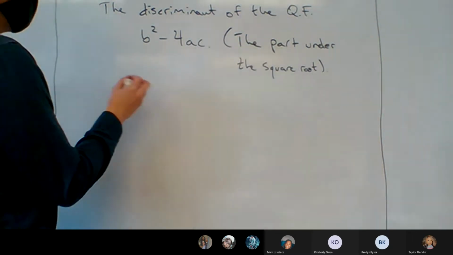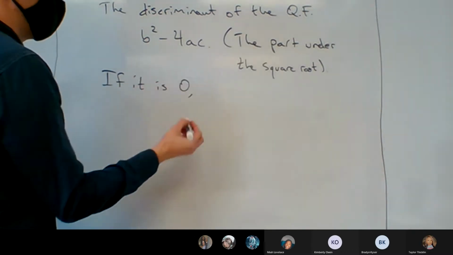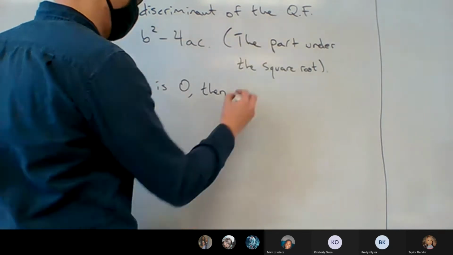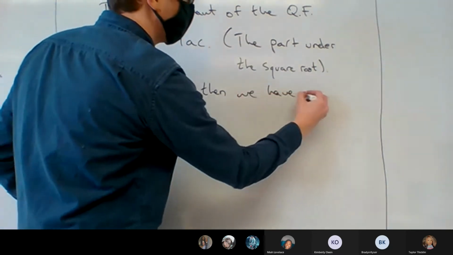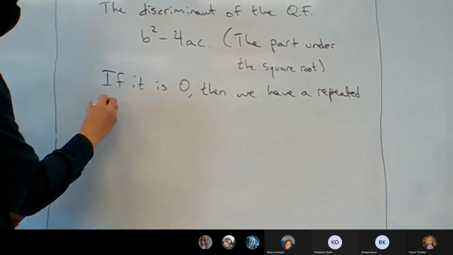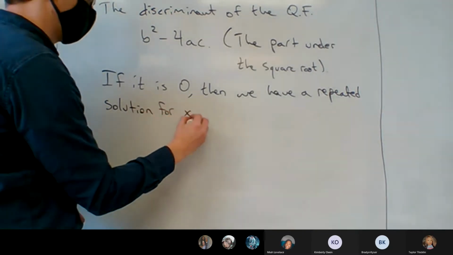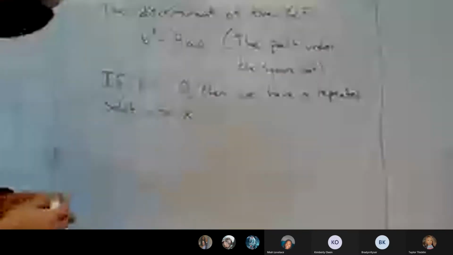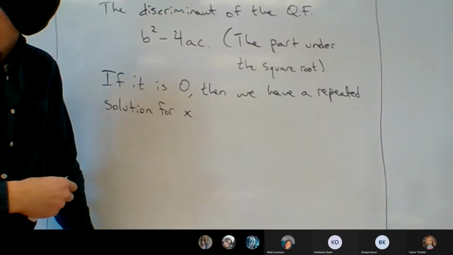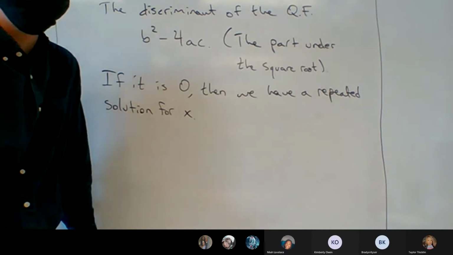Now we didn't do one like this, but if it is 0, what does that mean? Then we have a repeated solution for x. So we've worked out problems where we had repeated factors, and I think we even worked out a corresponding equation that had repeated solutions.